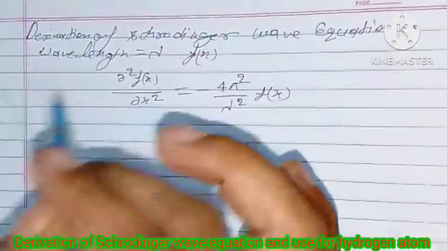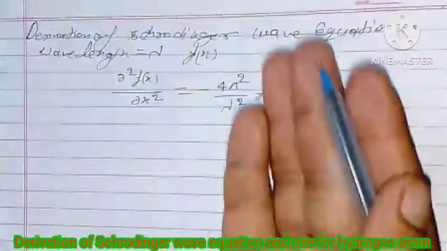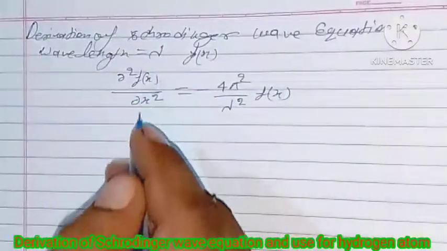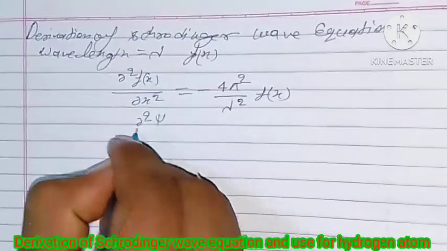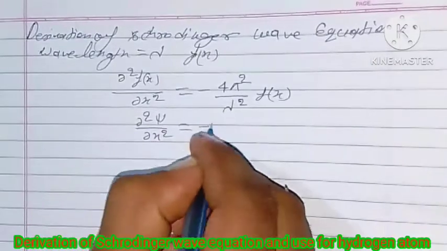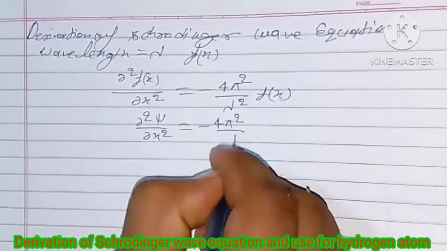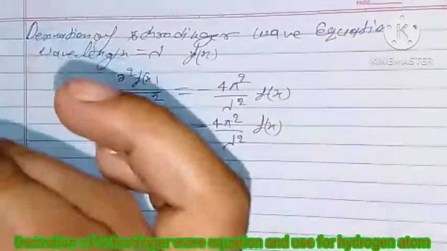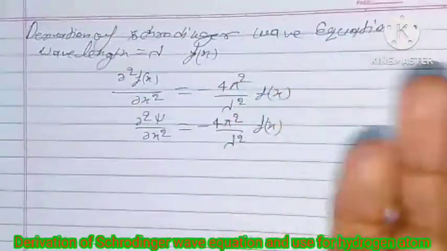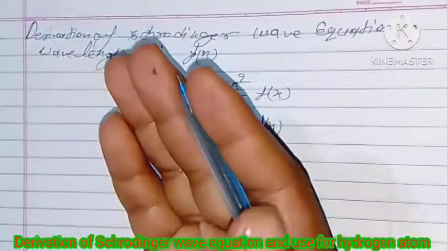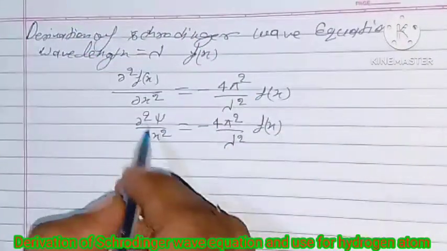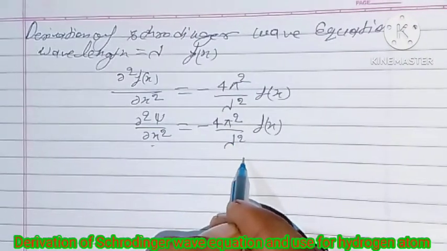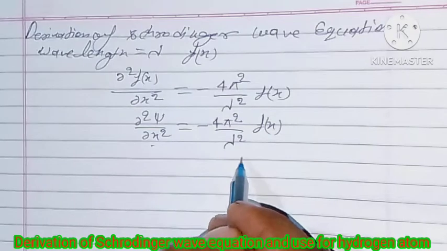When an electron is considered as a wave which moves in the x direction only, then the fundamental wave equation is del square psi upon del x square equals minus 4 pi square upon lambda square into psi.